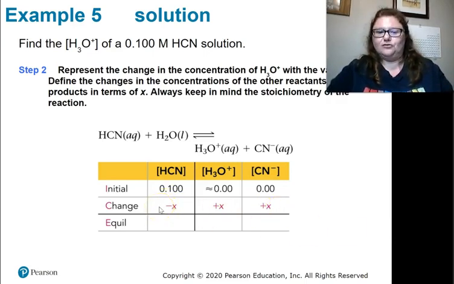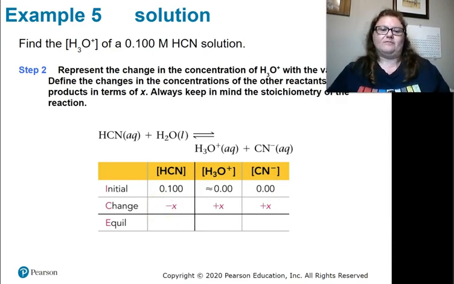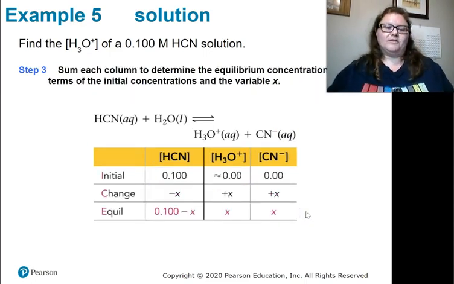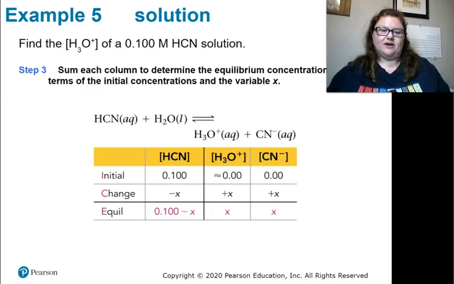We know that we're losing a concentration of our acid on the reactant side, and then we're gaining some value of hydronium and cyanide on the product side. There are no coefficients in this reaction, so they're all just X. Then we're going to total them down to get the equilibrium expression numbers that we need. And so here's what we get highlighted in red.